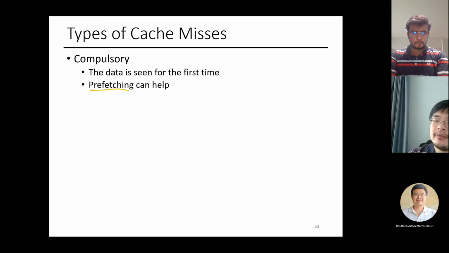Prefetching, we are not going to cover as much in this course, but the idea is the hardware can provide hints that say, for example, you do A0, A1, A2, A3, A4, so you know you're going in steps. So if you access 0, just get the next block as well. You can prefetch, get the things into the cache ahead of time. This can be useful for compulsory misses.